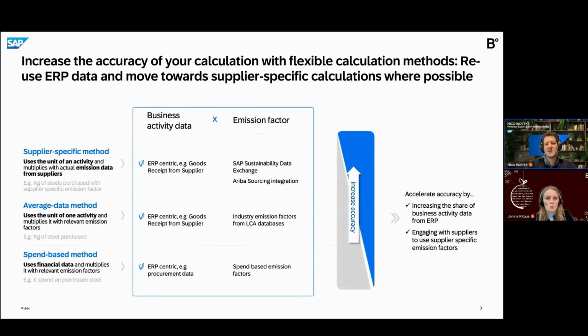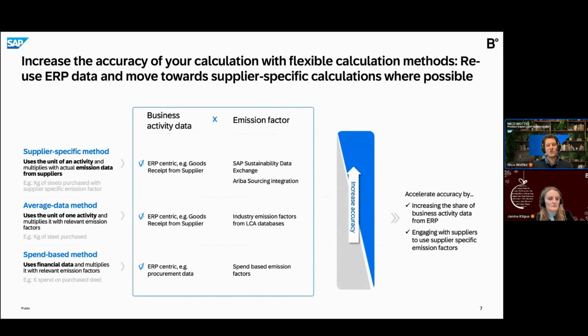Going now a bit deeper into our calculation logic. So how are we doing all of that? The good thing is the tool is quite flexible. So you can also start small or start on a very low granularity, and then increase the accuracy and granularity over time. But for all these different stages, you can make use of your existing ERP data. So maybe starting here at the bottom where we have the least granularity, the spend-based method.